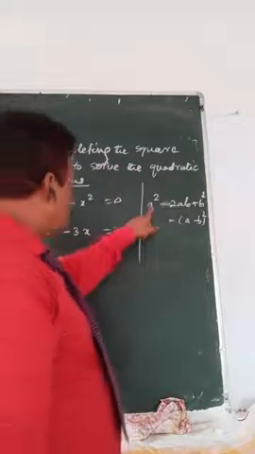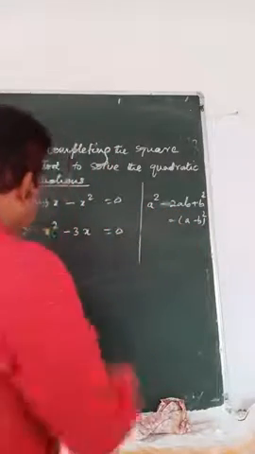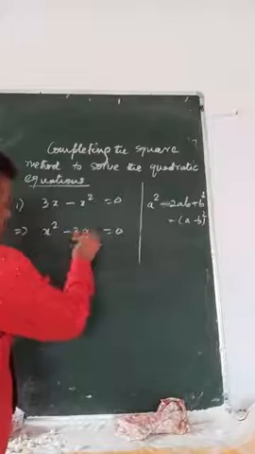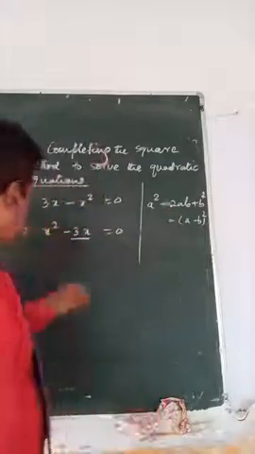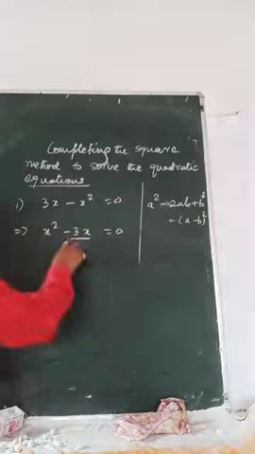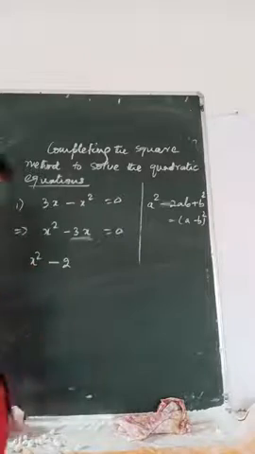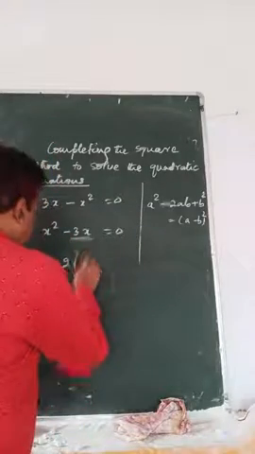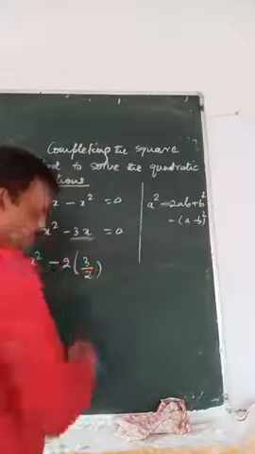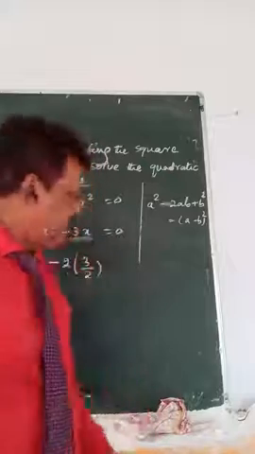But look here, a square minus 2ab. That means you have to write this in the 2ab form. So there is no 2 here. If I have to bring a 2, then I also have to divide by 2, because if you only multiply by 2, the value will change.